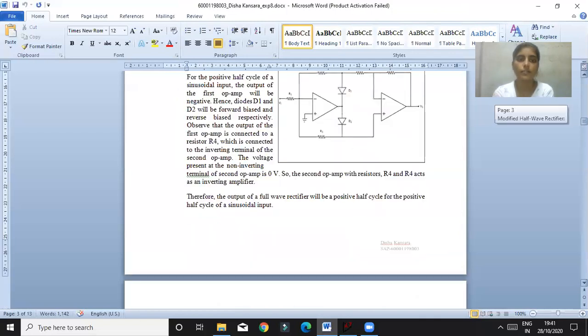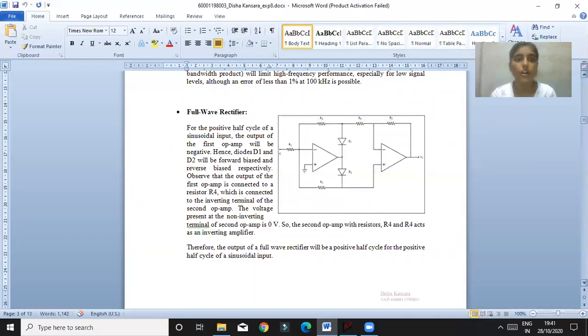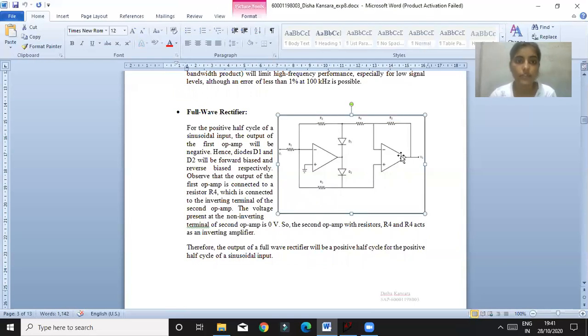So this is the full wave rectifier. This is the circuit of the full wave rectifier. For the positive half cycle of the sinusoidal input, the output of the first op-amp will be negative, and the diodes D1 and D2 will be forward biased and reverse biased respectively. The output of the first op-amp is connected through resistor R4 to the inverting terminal of the second op-amp.